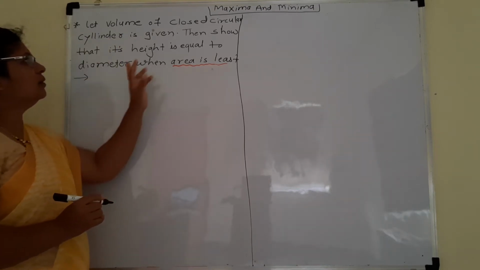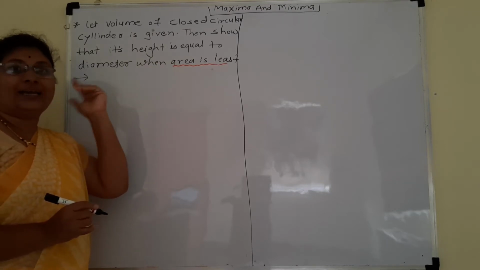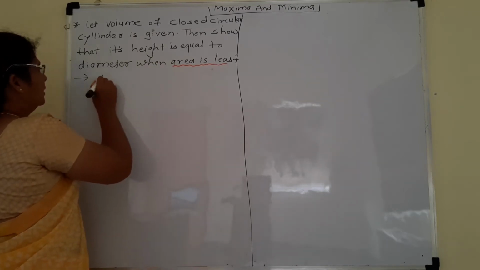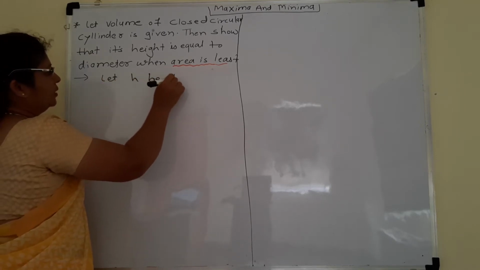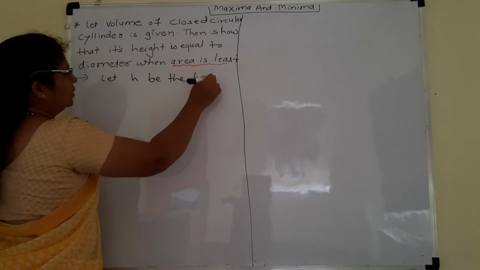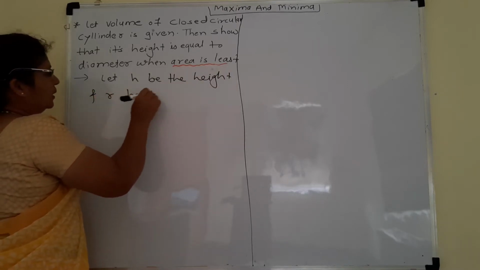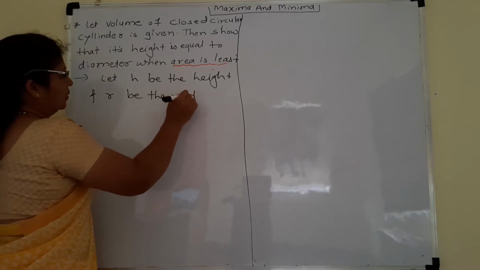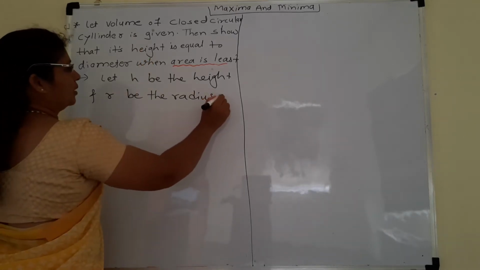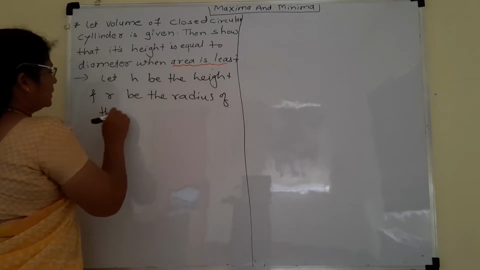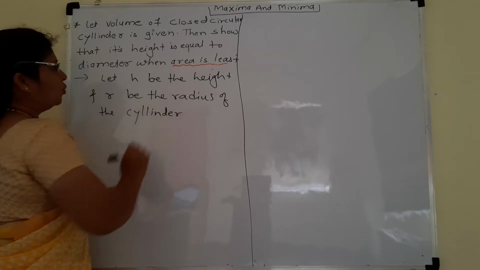Let h be the height and r be the radius of this cylinder. Now consider volume.